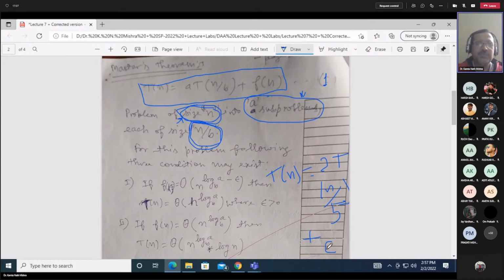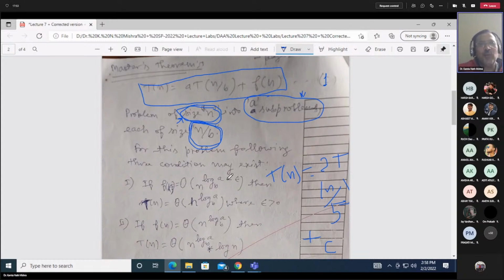How many subproblems and what will be size of each problem? So number of subproblems 2, size of each subproblem n by 5, and the total problem n.